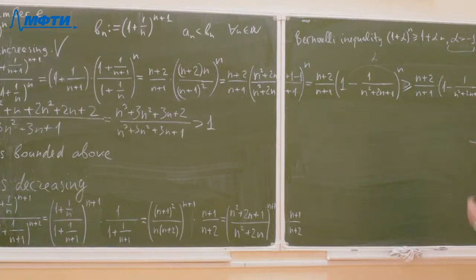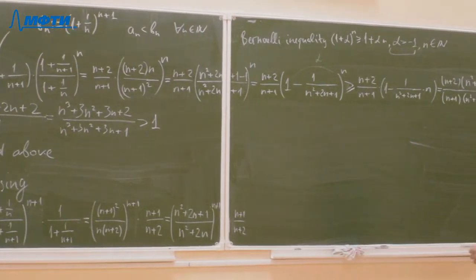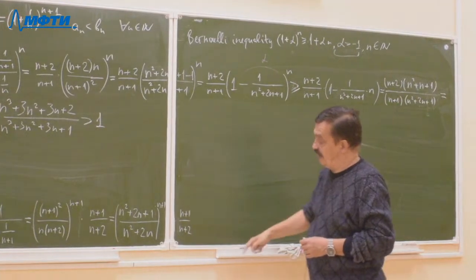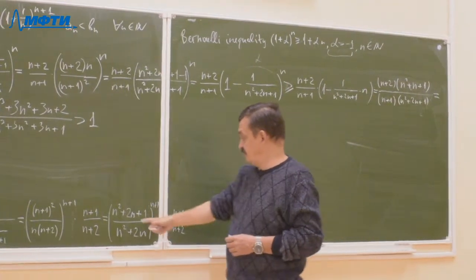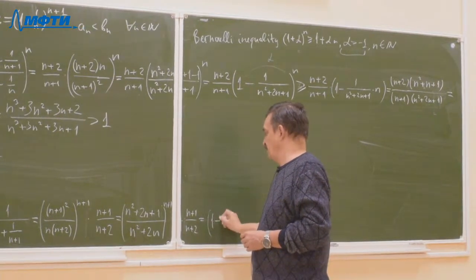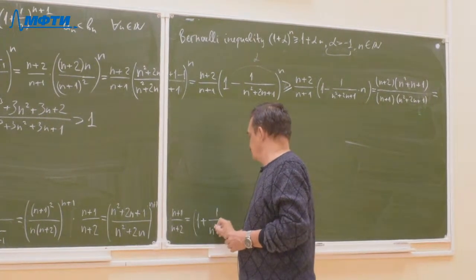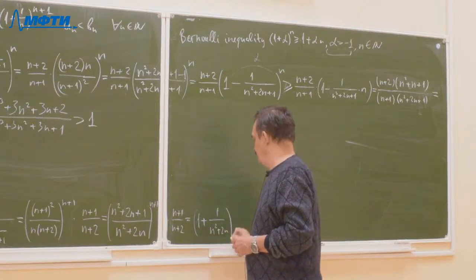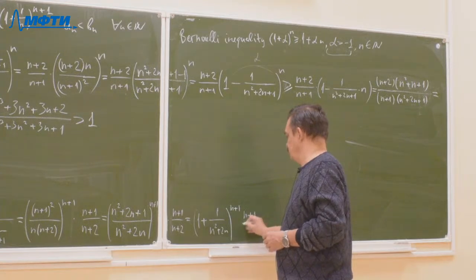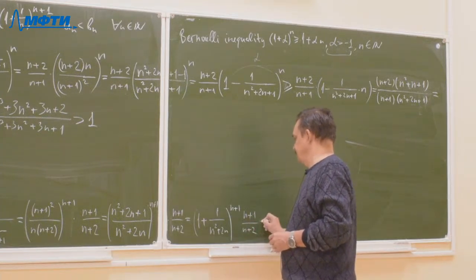And again, let us use the Bernoulli inequality. Now, let me write once again: 1 plus 1 over n squared plus 2n power n plus 1 times n plus 1 over n plus 2.